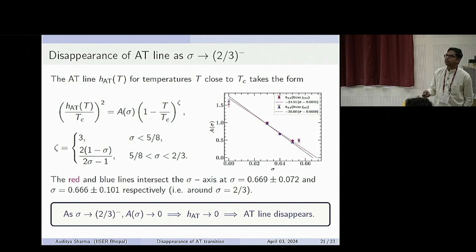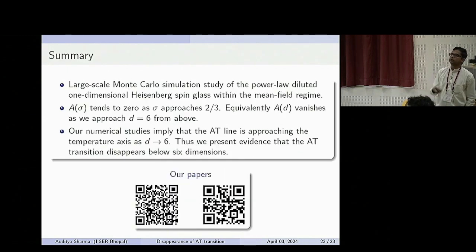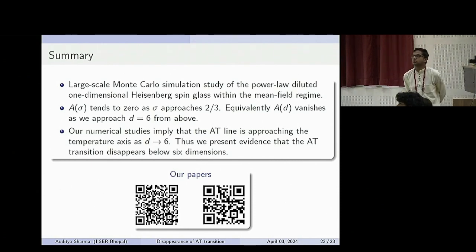Therefore, with the aid of large scale Monte Carlo simulations, which basically ran for something like 100 years of CPU time, we argue that A of sigma goes to 0 as sigma approaches 2/3, thus presenting evidence that the AT transition disappears below 6 dimensions.